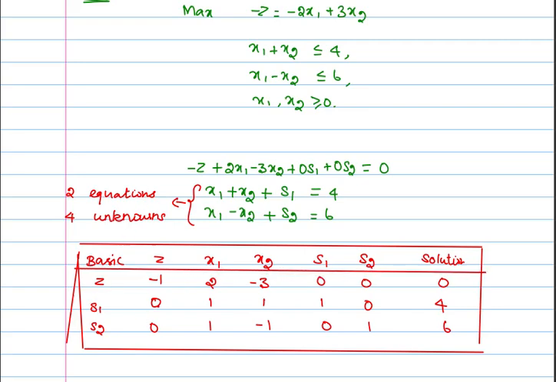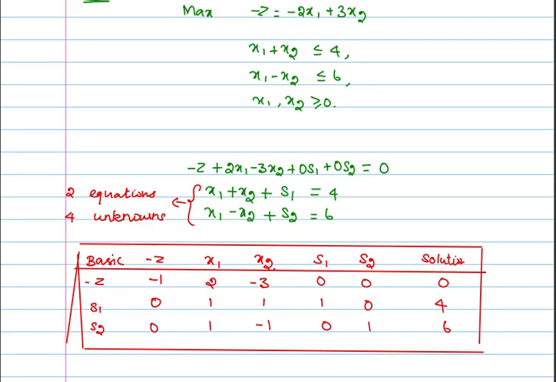Now our aim is to increase minus z. Since s1, s2 are the basic variables, I want to increase x1 or x2, and then only my z value will increase.